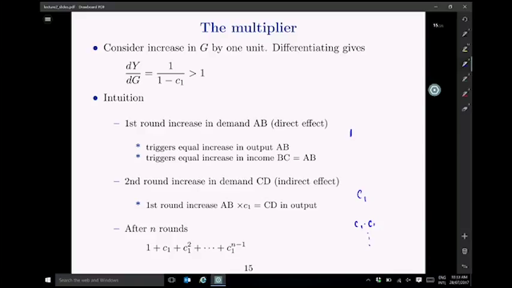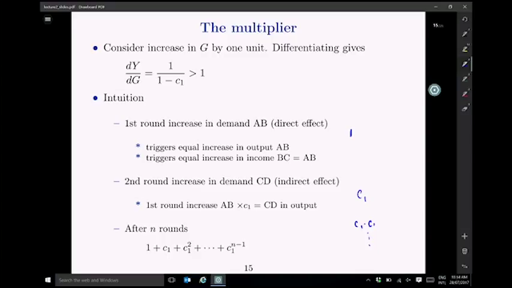Up to the nth round, we'll have the overall impact on aggregate output given by the sum of 1 plus C1, C1 squared, all the way to C1 to the power n minus 1, right? So we have to sum all this up together to find the ultimate impact of the increase in autonomous spending on output.